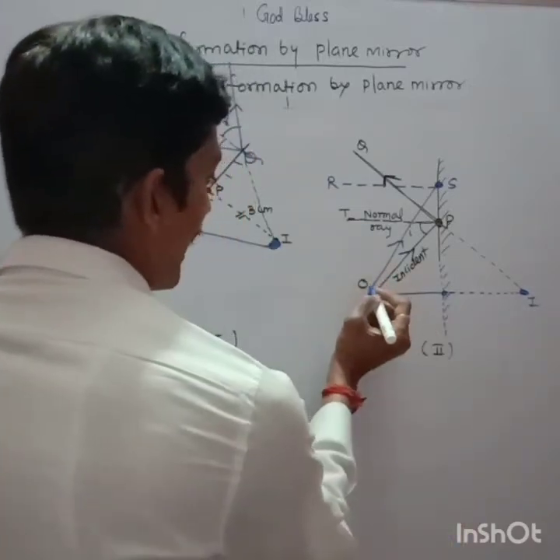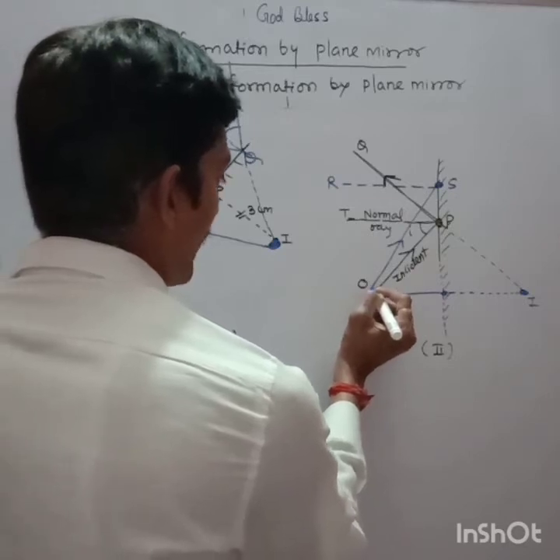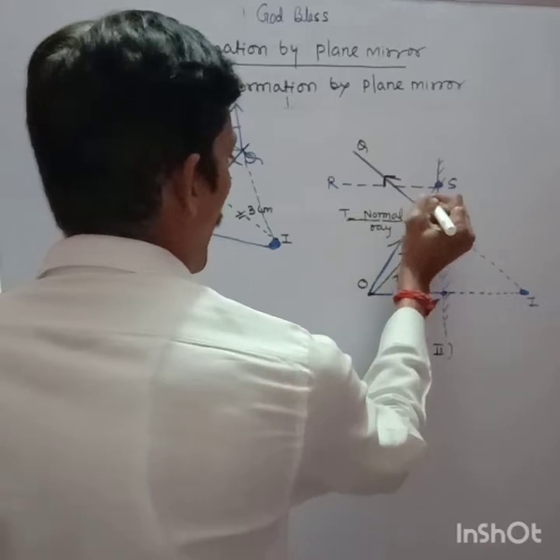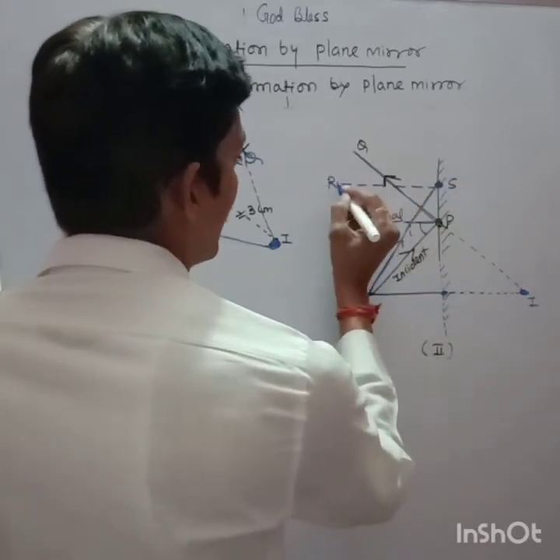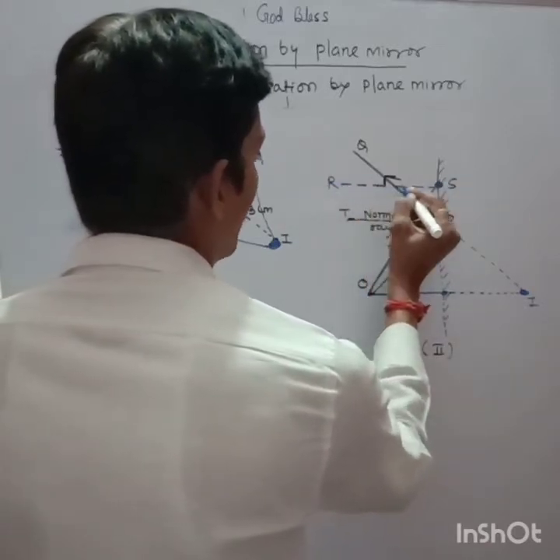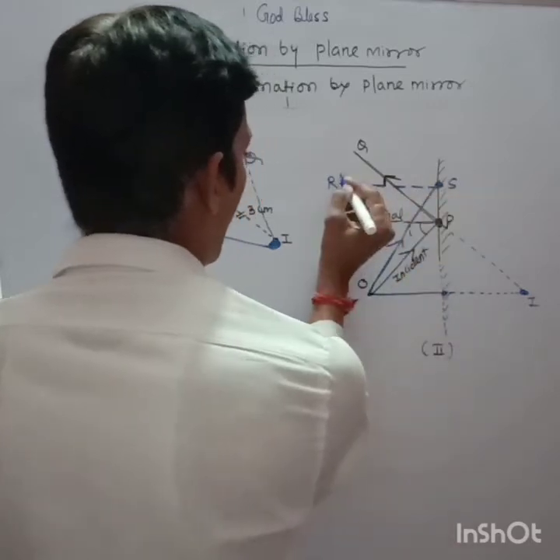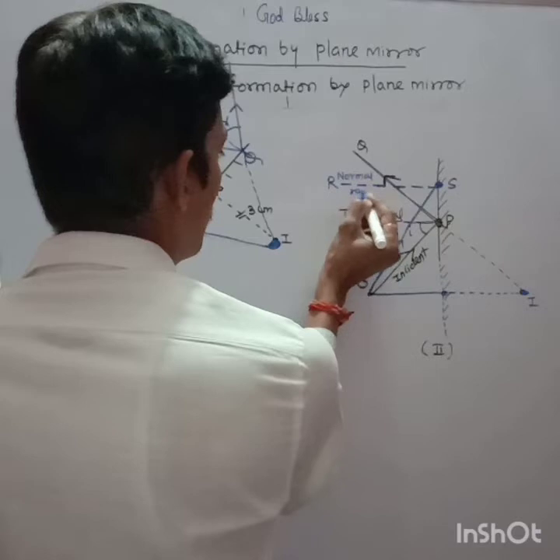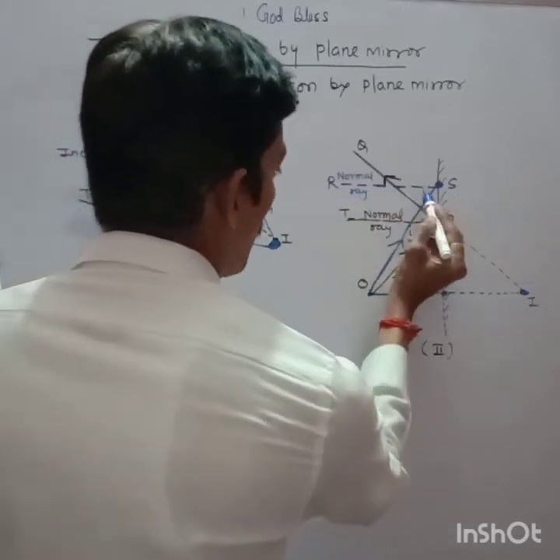So if this is the another incident ray, I am drawing again. That is incident ray OS, and if RS is the normal ray, again I am writing here normal ray, then again this will make an angle.